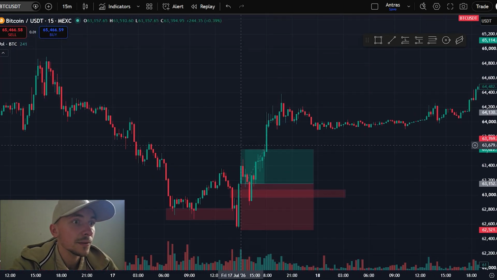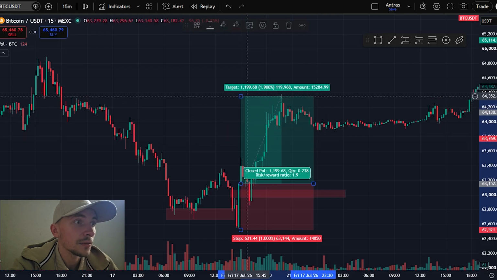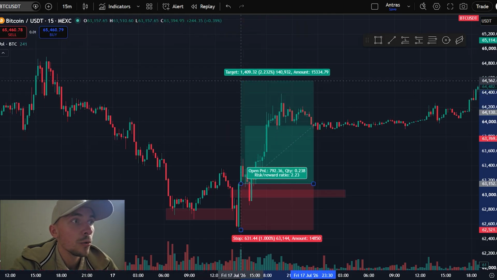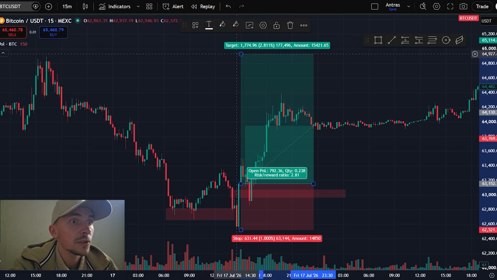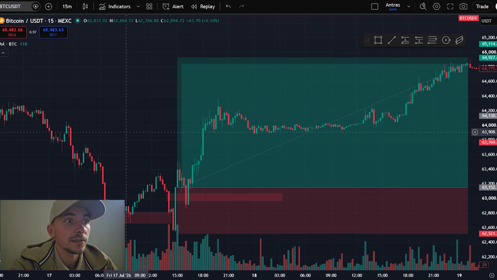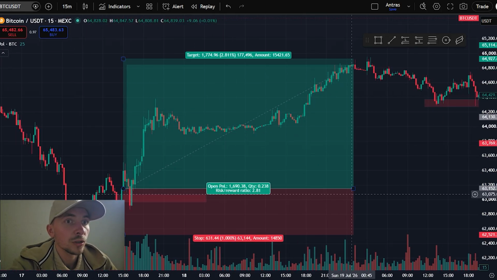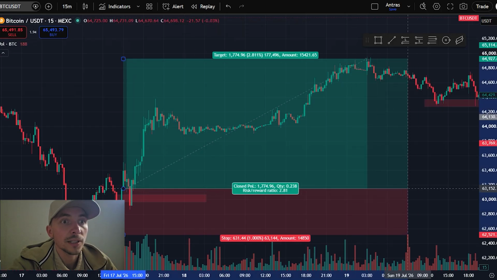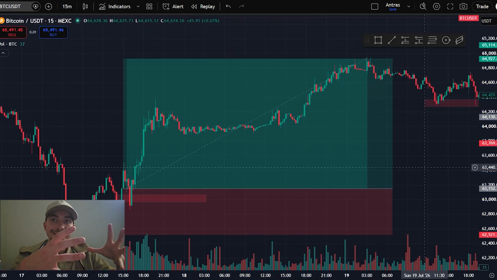In this case, for example, the highs of here, the consolidation, or the highs of here, which is also gonna be a nice and amazing trade with almost 1 to 3 risk reward. Of course, it's gonna take time, but that's the whole idea.